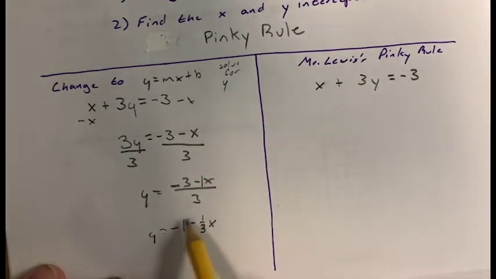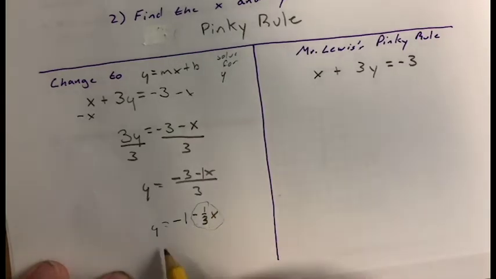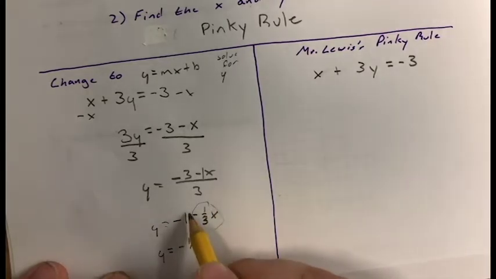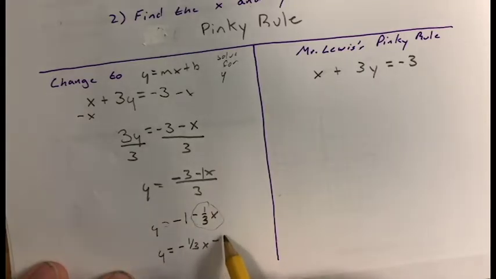What I need to know is I can rearrange this. This right here, since it's connected to my x, this whole piece is actually my mx. So I can rewrite this as negative 1/3 x because these two pieces are together. And then this last piece can be written as my y-intercept.